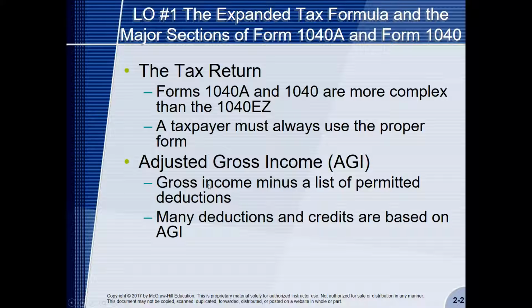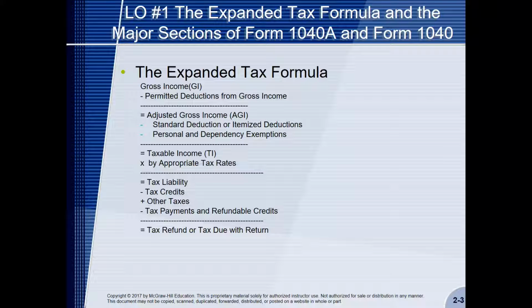When you count up all of your gross income, you list all of the permitted deductions for AGI, not from AGI, that happens later on, but these are the deductions for AGI. You arrive at a figure called the adjusted gross income. And typically on 1040, which is the main form that we use, it's on line 37.